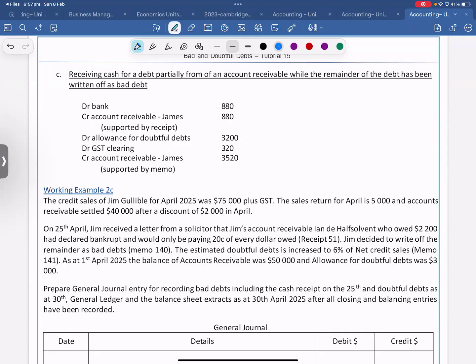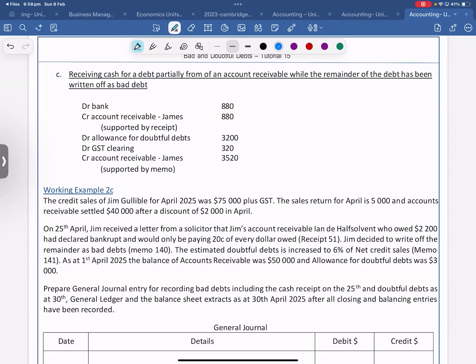We are getting at least some part from the account receivable. Earlier, what did we do? Fully we wrote off as bad debt. Now this one: receiving cash partially from an account receivable, while the remainder of the debt is written off as bad debt.